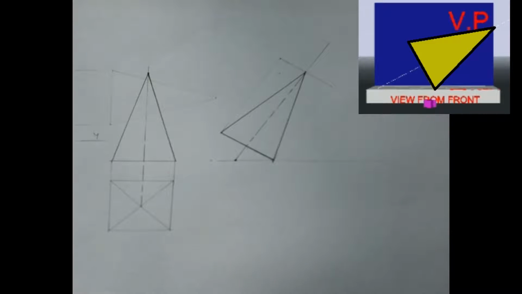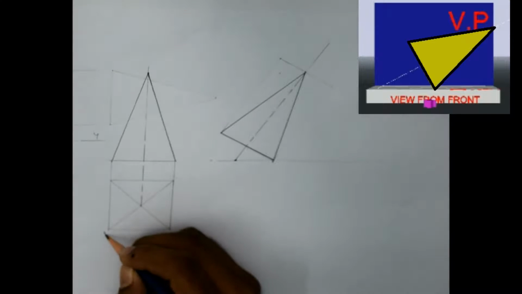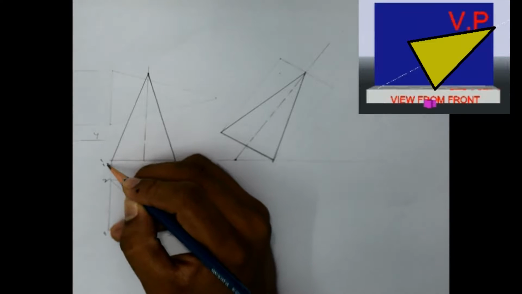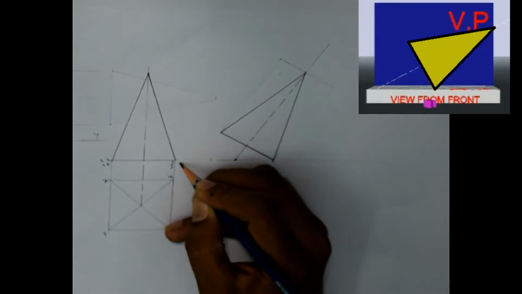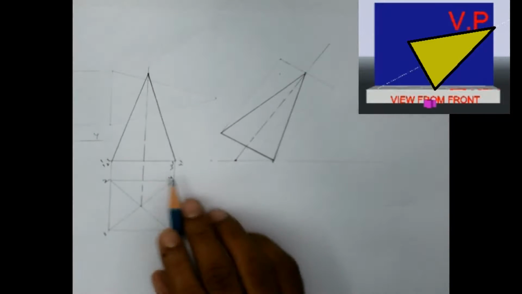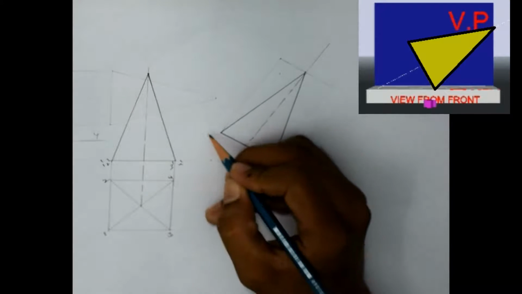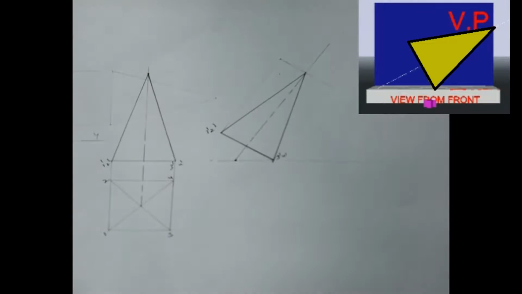Now, for better understanding, we will just mark some points here: 1, 2, 3, 4. This is 1 dash, 2 dash, this is 3 dash, 4 dash. As we have, this point is resting here. This is your 3 dash, 4 dash, this is your 1 dash and 2 dash.